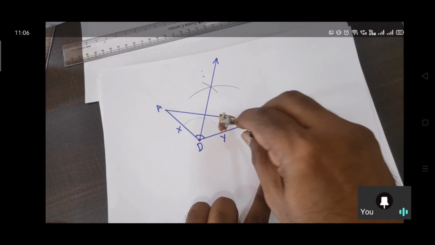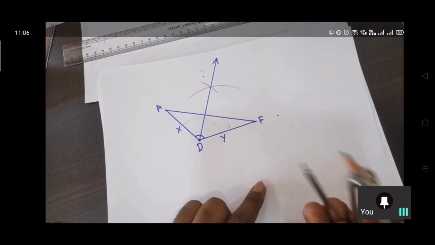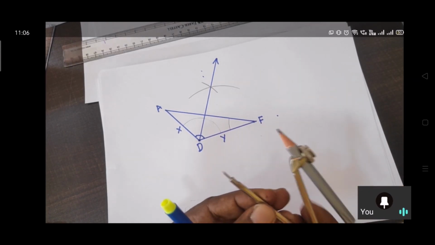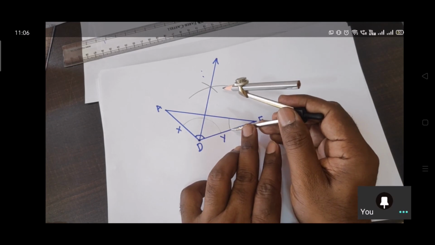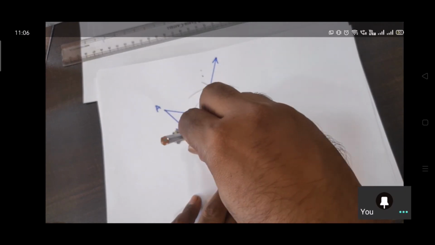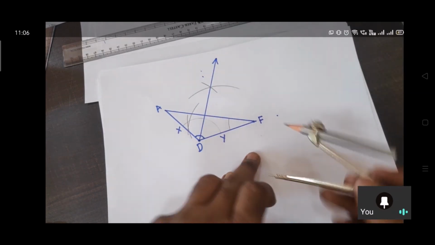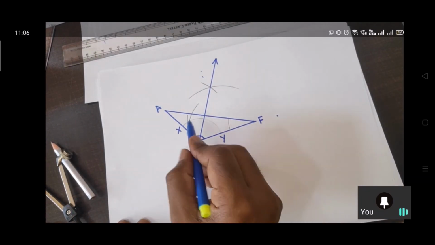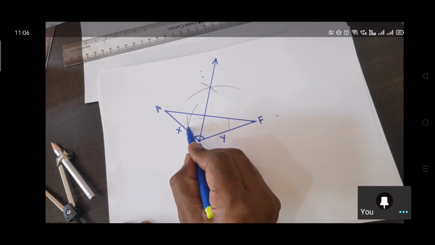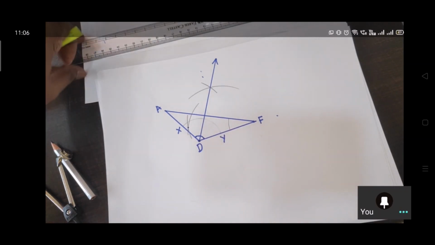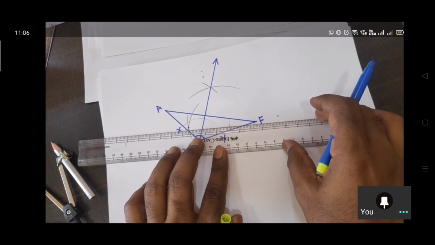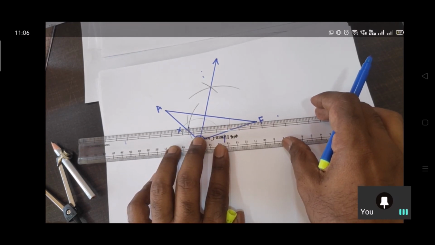Now for this point F, we will draw another arc, increase the span in this way, in this way. If you can see, the arc is intersected here.